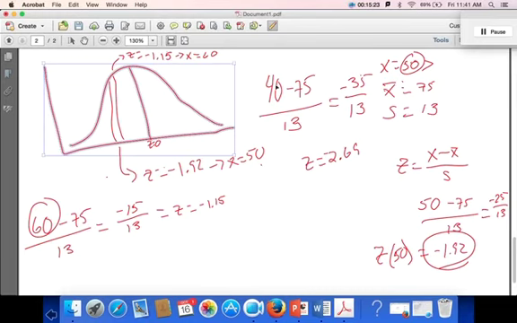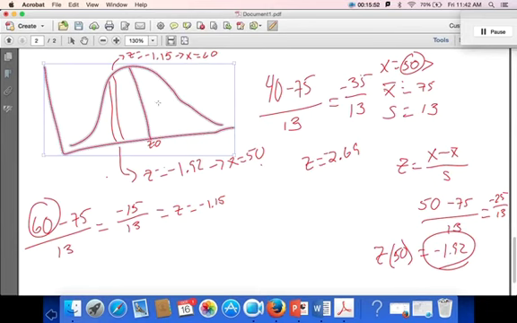So here, my question wasn't, what's the probability of me getting a 40 or less? The question was, what's the probability of me getting a 50 or greater, right? So here, in reality, this line that represents my raw score of a 50 is my minimum value, and everything to the right in this area here is greater than 50.